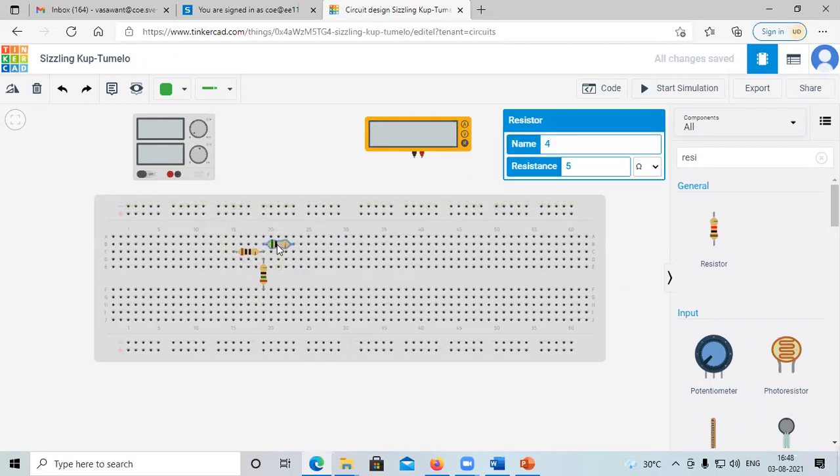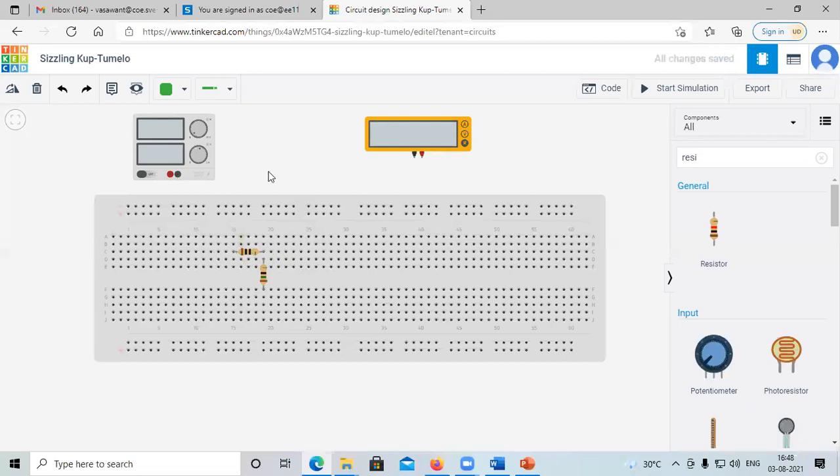Now we require only 2 resistors. I will delete one resistor.